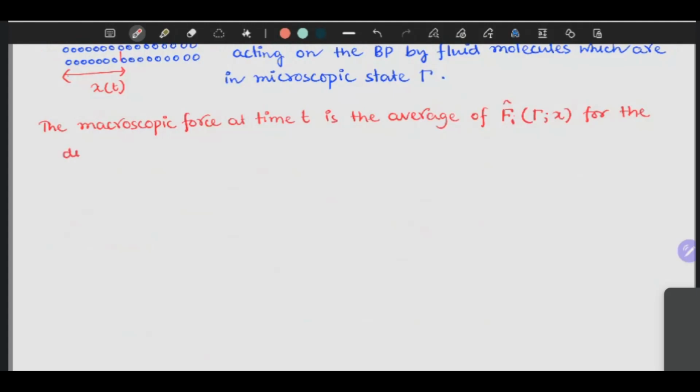So the distribution function, let's say, is psi of x and t, right?